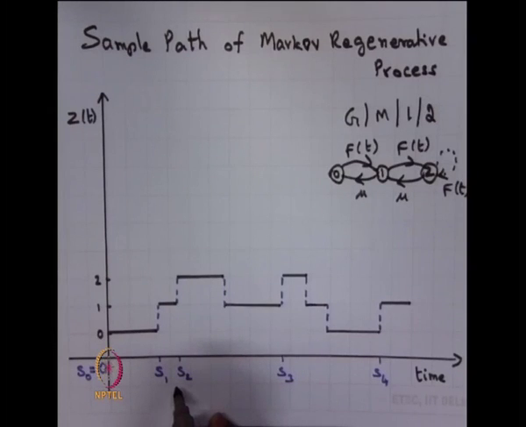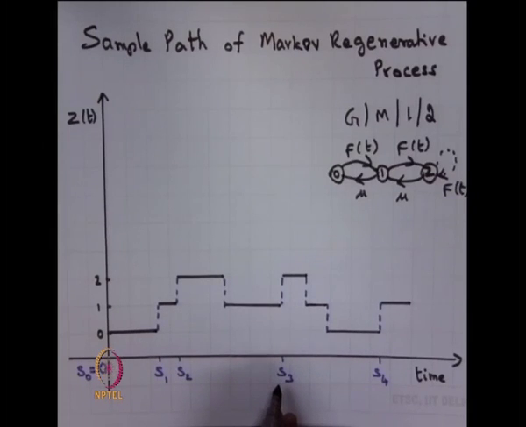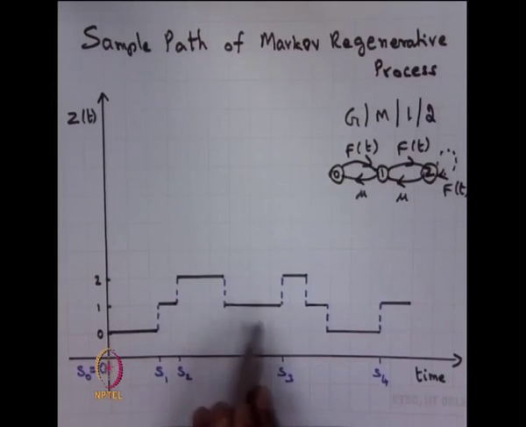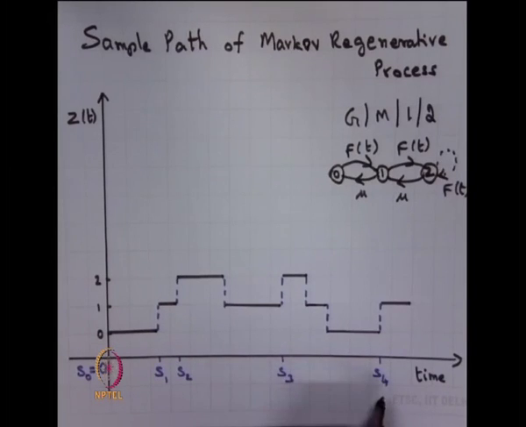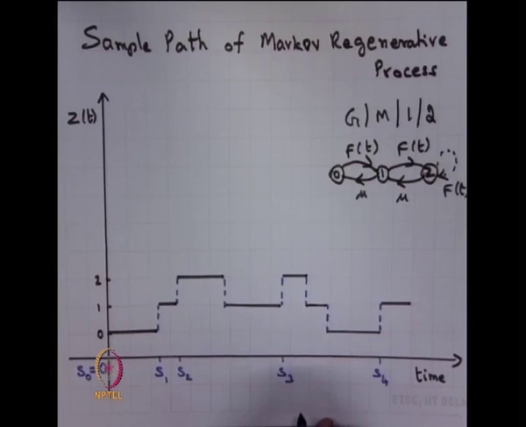At time point S2 the system was in state 2, and at time point S3 also the system is in state 2, but in between the system was in state 1 for some time. Similarly, between S3 and S4, the system was in different states. Even though transitions occur at those time points, the memoryless property is not satisfied, whereas at the arrival time epochs, the memoryless property is satisfied.